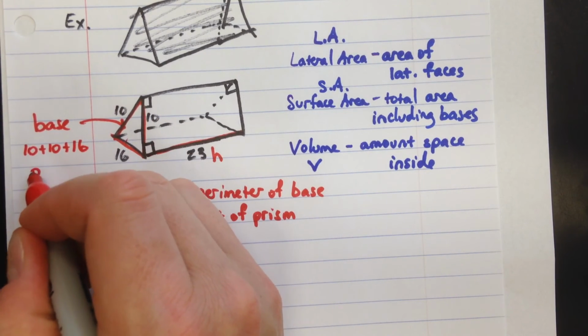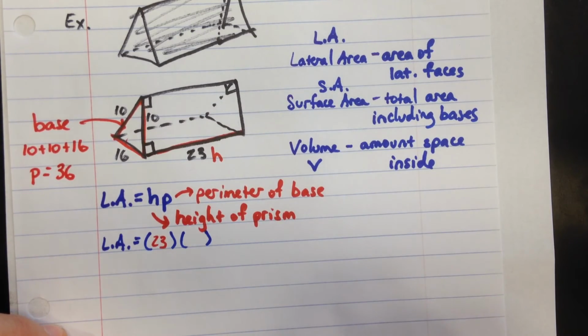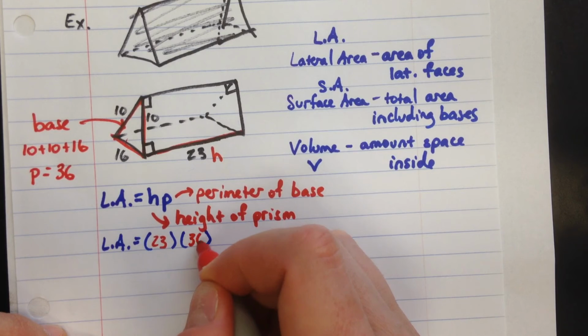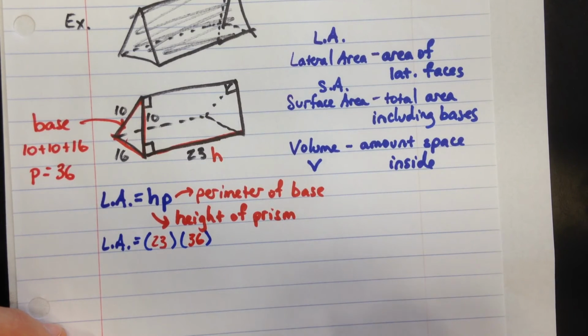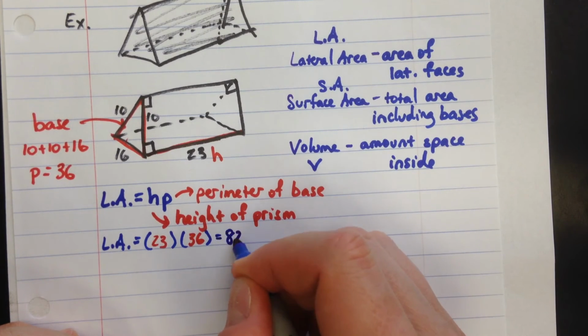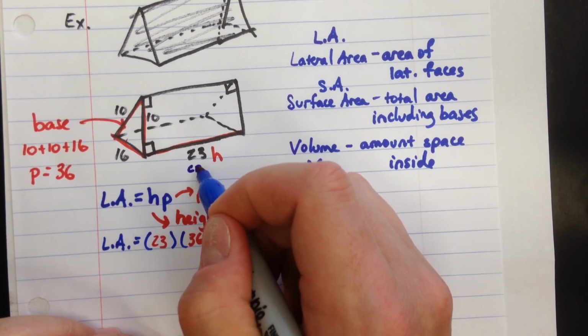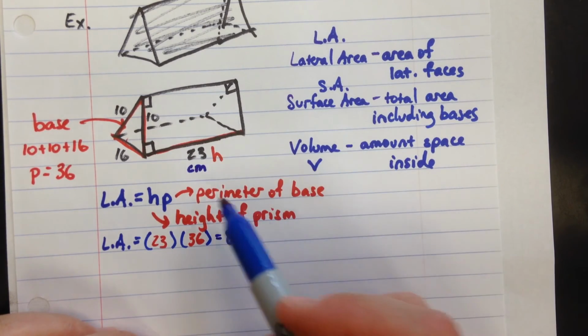So we get P is equal to 36. And so the lateral area is 23 times 36, which you can type on a calculator. And what we get is 828. So LA is 828. Let's go ahead and say that this was centimeters for the unit of measurement.